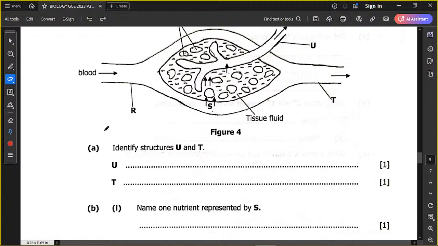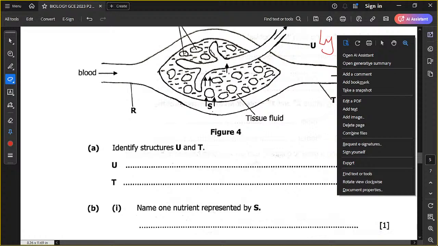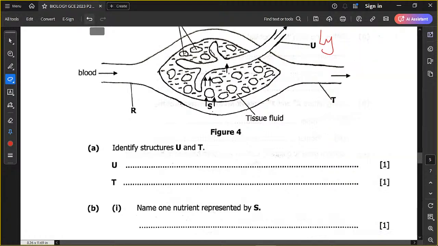So we say lymph vessel. Okay. T. Structure T is called a vein.